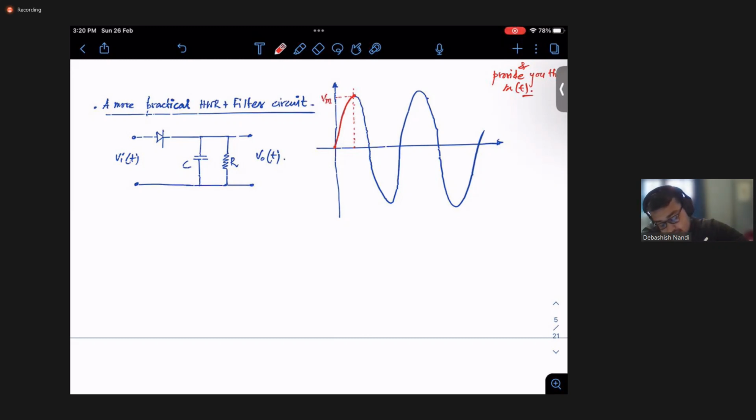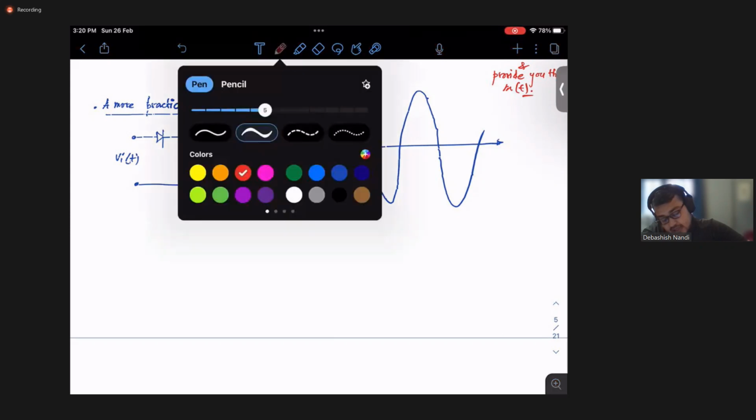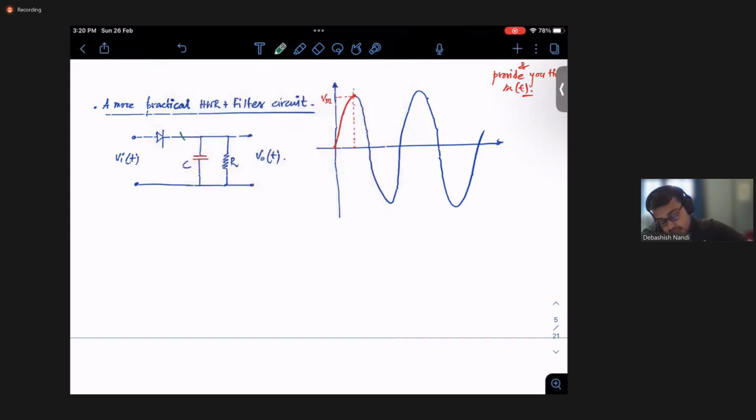Let's say this path is cut off somehow after reaching this maximum. We know for an ideal case, if there is no resistance, the diode will be reverse biased and the capacitor will store the voltage, right?